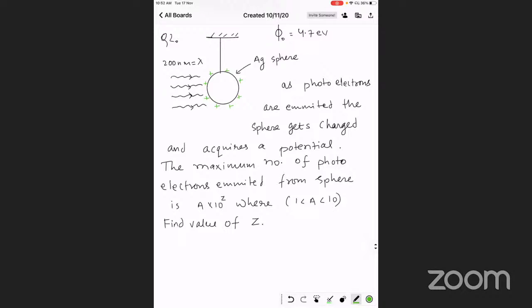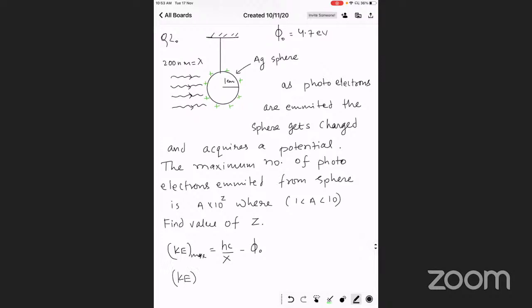Is anyone trying or not? Yes, sir. The radius of the silver sphere is 1 centimeter. Now time is over, I will solve. By using this formula, maximum kinetic energy is equal to hc by lambda minus work function.